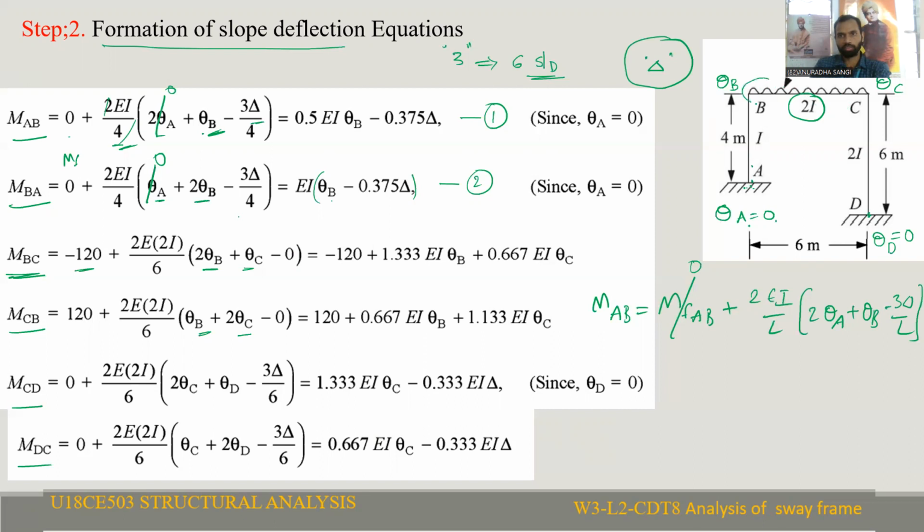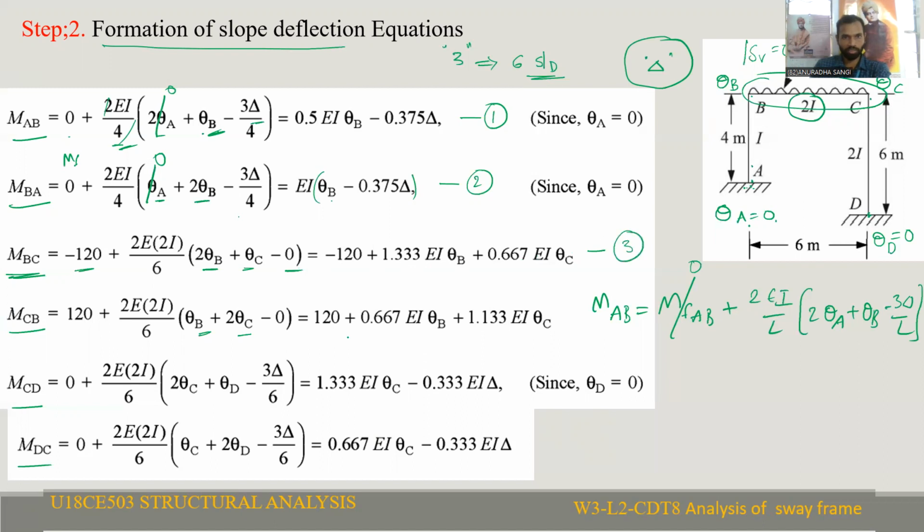This is a beam member, and there is no relative displacement of the supports. Support B and support C are at the same level, that means delta will be equal to 0, the vertical displacement is 0. So for the BC member, we substitute delta as 0. Then solve it and you will get another equation.